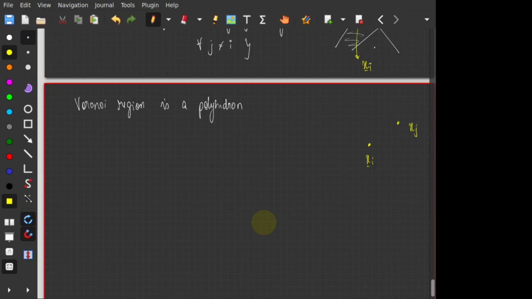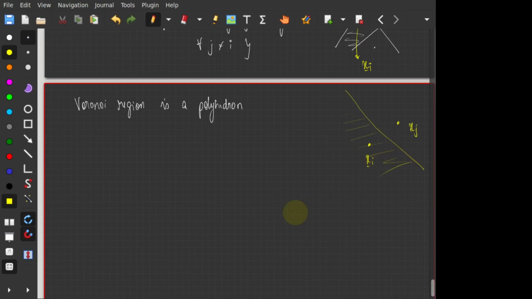It's a hyperplane split. Intuition says this is a half space. It's going to be the line which splits xi and xj, and this would be the half space which is closer to xi than to xj.